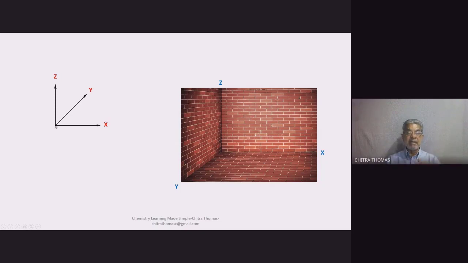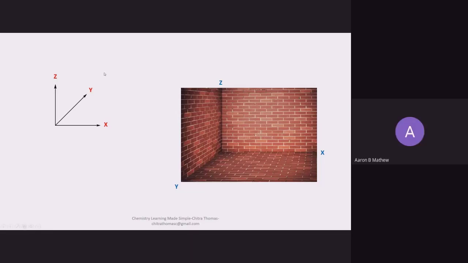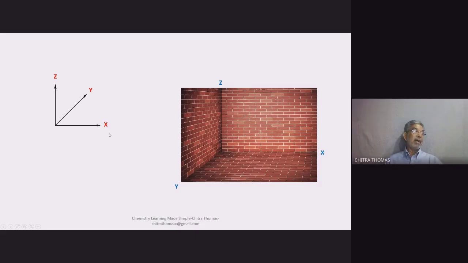But when I represent this three-dimensional figure, I have to make components here. So which are the two axes in the plane of the paper, the plane of the screen? You tell me. Z and X. And this coordinate system is the Cartesian coordinate system.